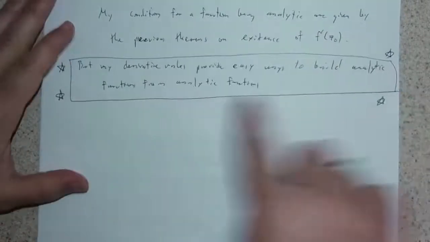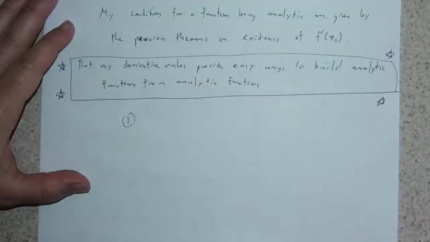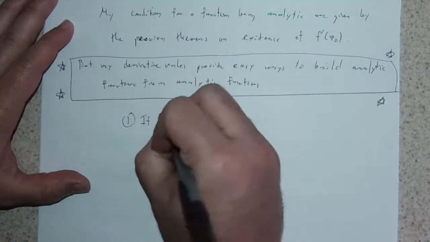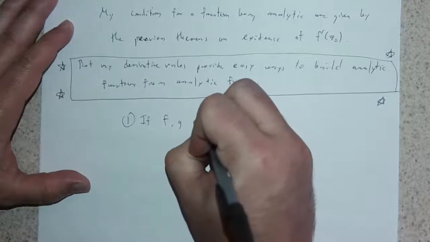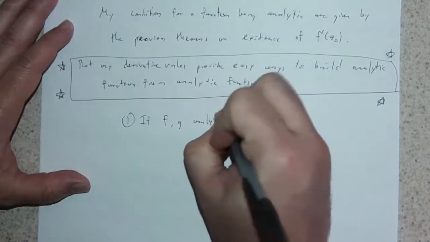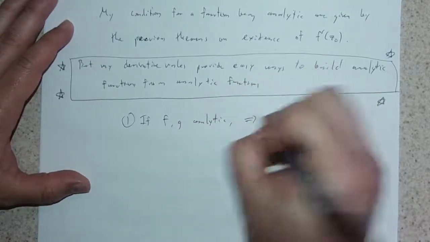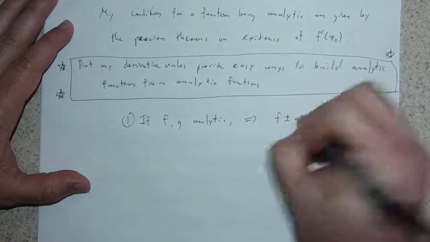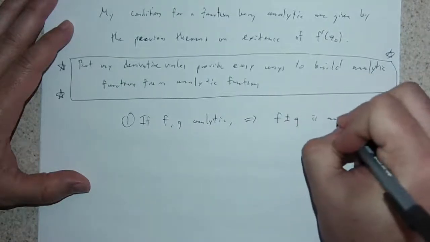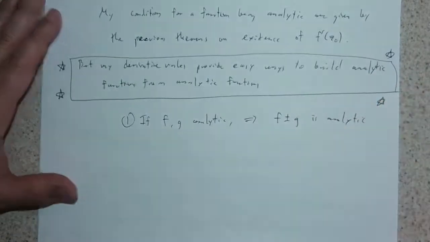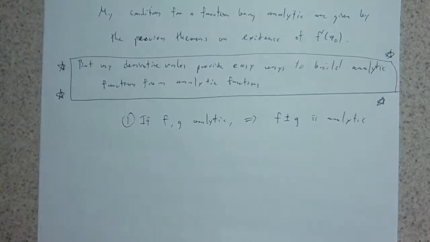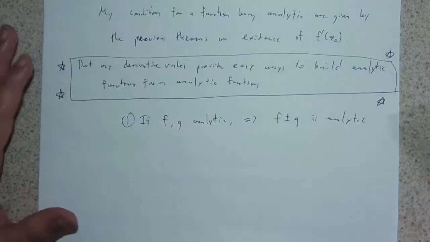Okay, so then what do I get from this? So one, if say f and g are analytic, then this implies that f plus or minus g is analytic. Okay, so if you start with two analytic functions, their sum or their difference is analytic, right? So defining this pointwise, you get another analytic function.